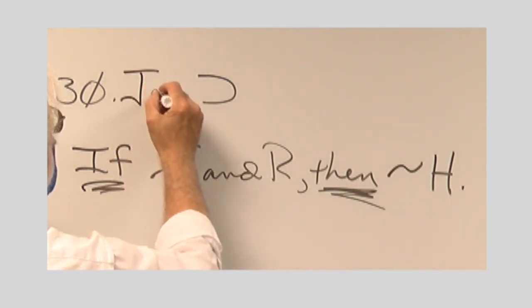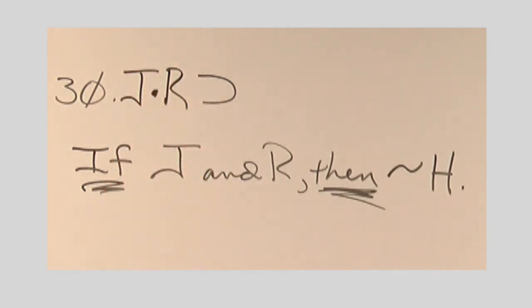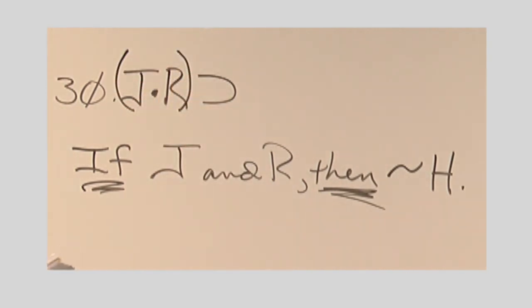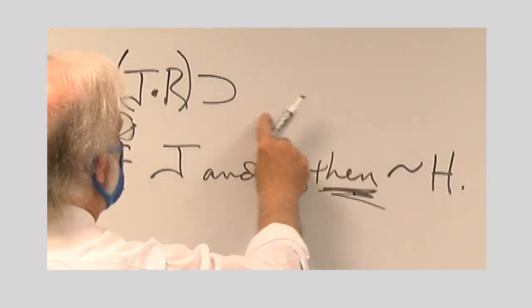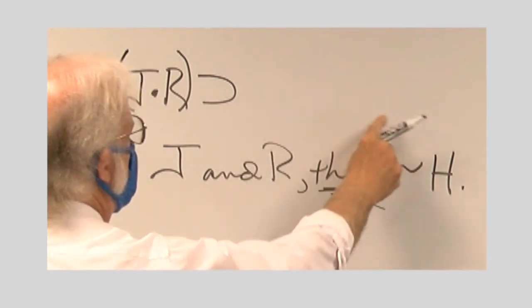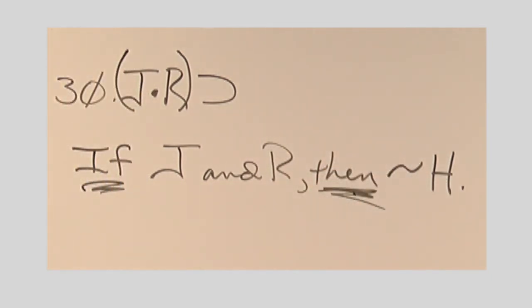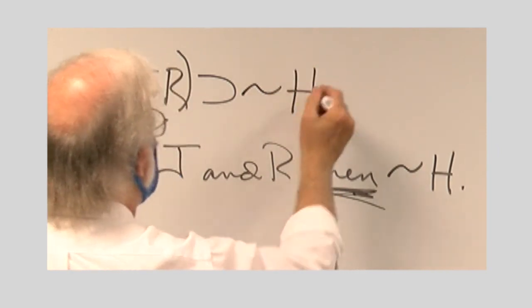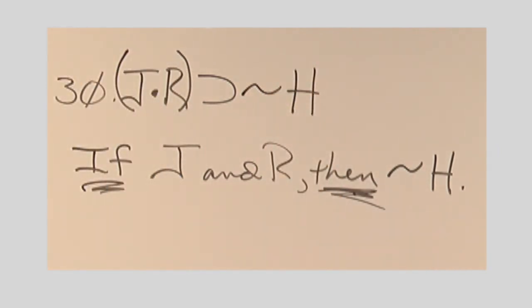Well, J dot R. And we need to keep them together as the antecedent, so we'll put a set of parens around them. What comes after the word then and going to the right side of the horseshoe is not H. So we put not H here, and that's the entire expression.